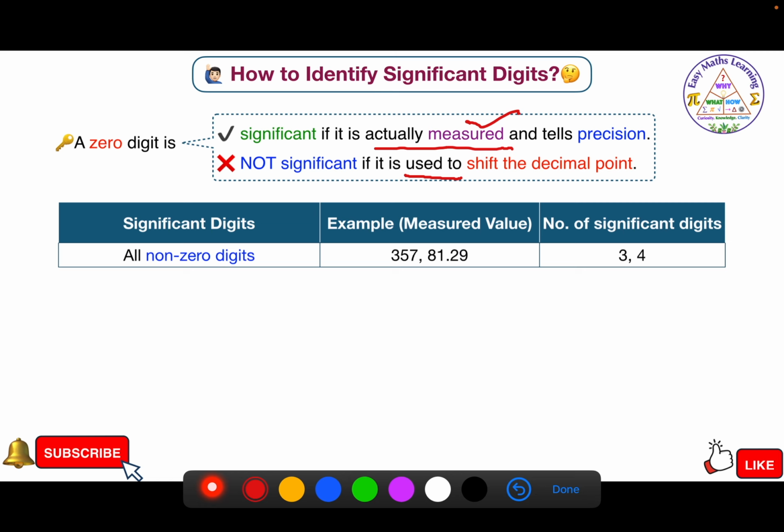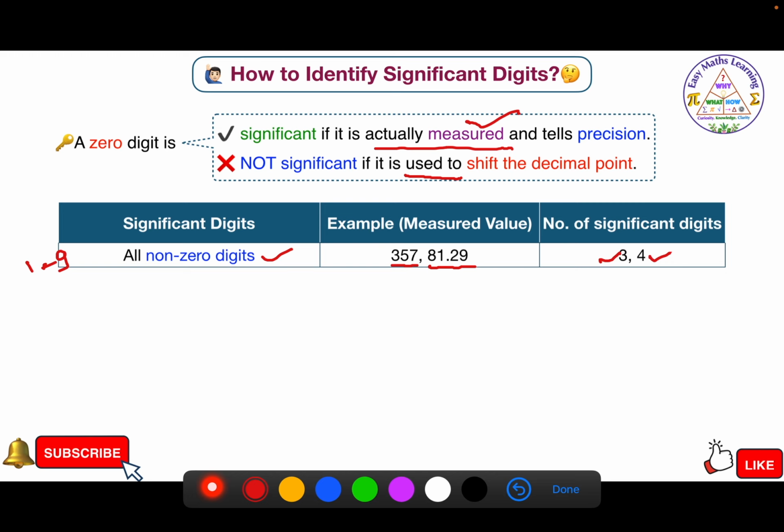So remember that all non-zero digits are significant, meaning all digits from 1 to 9 are significant. So for example, the measured value 357 has three significant digits and the value 81.29 has four significant digits.